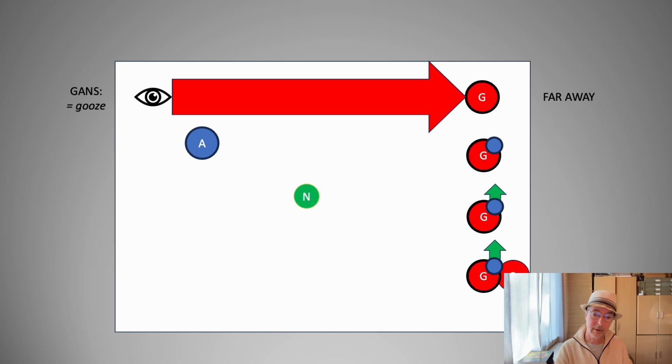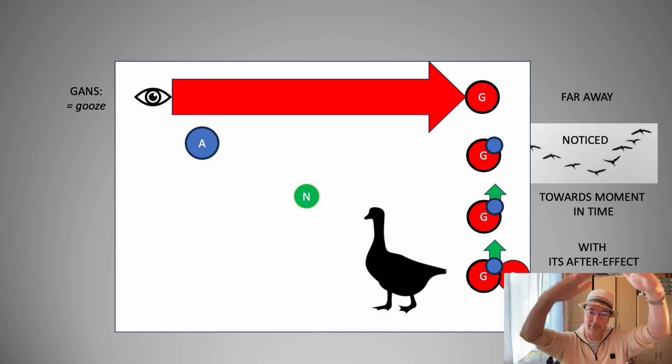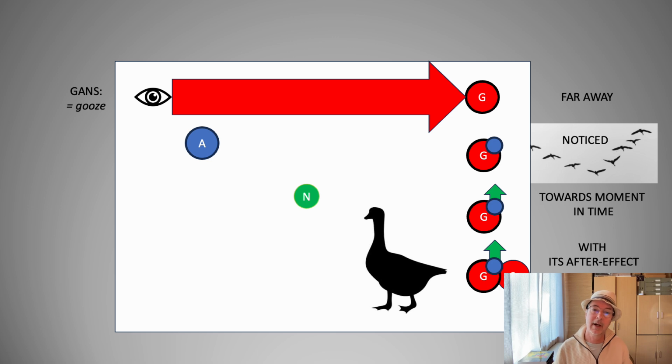Is that comparable to the goose? Yes, to the idea of the faraway goose. It is possible to notice this. Because when you have this far edge, the G, from everything which is here, which I can sense there, I can notice it also. I notice it in the goose, and there is a moment in time.